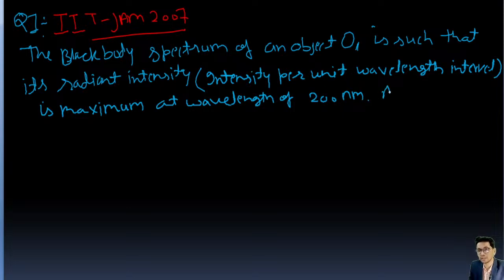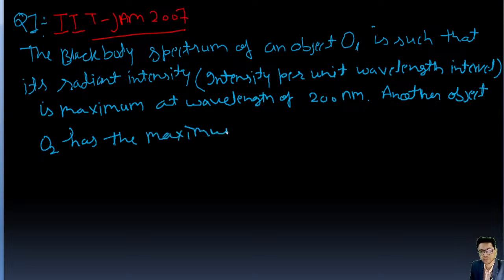Another object O2 has the maximum radiant intensity at 600 nanometer.